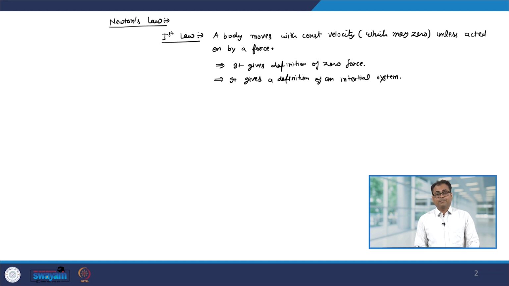Now, an inertial system is that system in which Newton's second law is applicable. Okay. So, let us look at the second law.